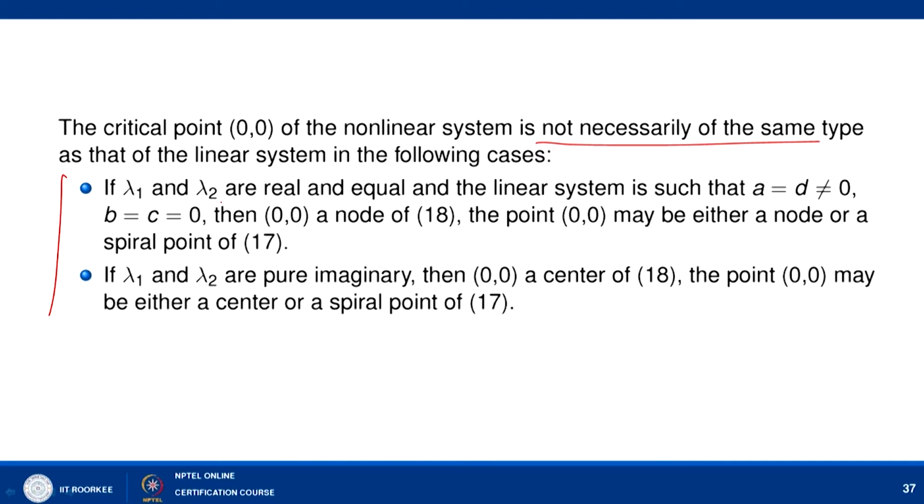So, if lambda 1 and lambda 2 are real and equal, and the linear system is such that a equal to d not equal to 0 and b, c equal to 0, then (0, 0) is a node for the linear system, but the point (0, 0) may be either a node or a spiral point for the nonlinear system. So, in this case when lambda 1 and lambda 2 are real, equal, and it is corresponding to the case of a diagonalizable matrix, then for the linear system it is a star shaped node, but for the nonlinear system it may be a node or maybe a spiral point.